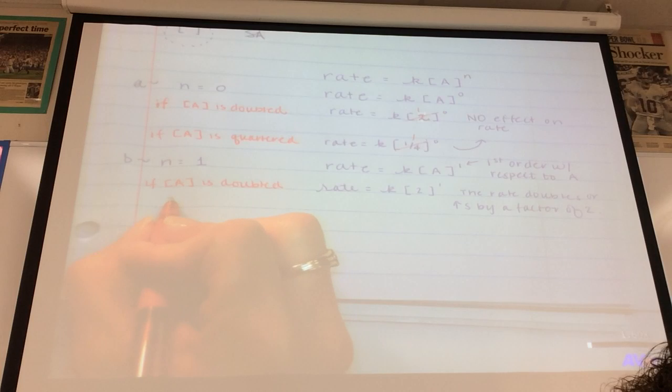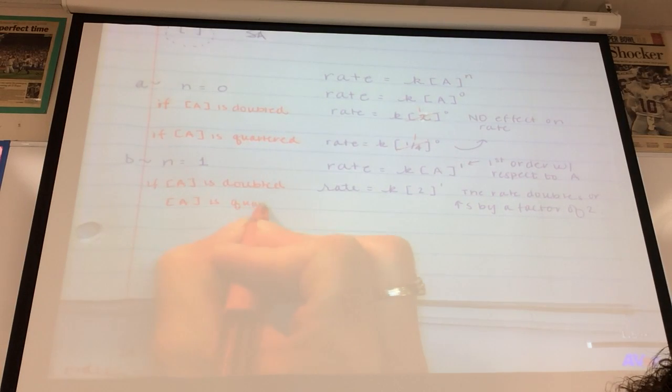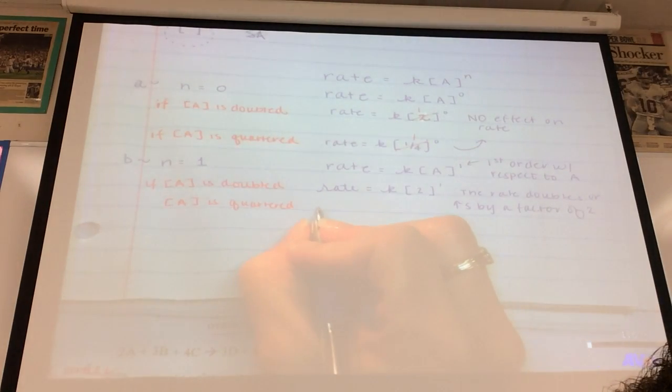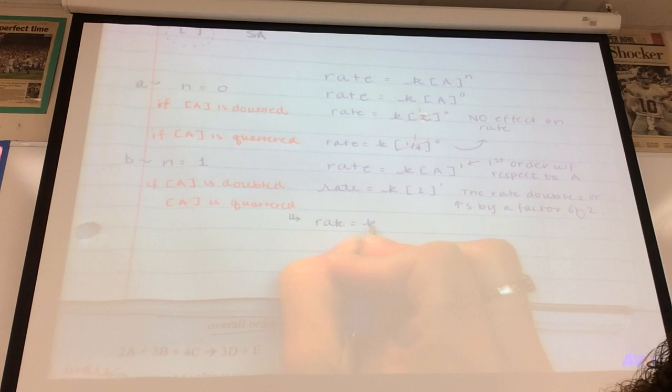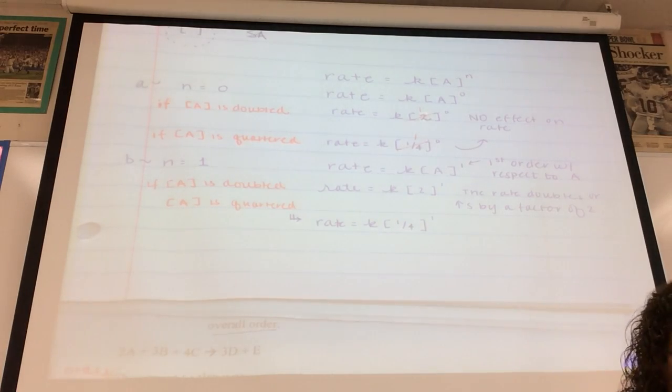Let's say concentration of A is quartered. So I would have, I'm going to move this down one because it got too tight. Rate is equal to K, 1/4 to the 1. What's 1/4 to the 1? 1/4.